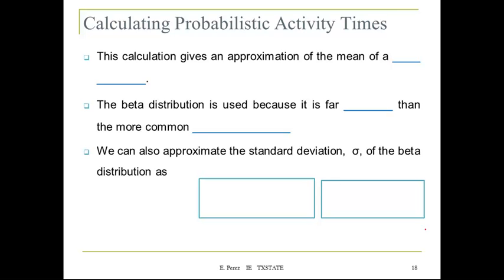So this calculation gives an approximation of the mean of a beta distribution, and the beta distribution is used because it is far more flexible than the more common normal distribution.